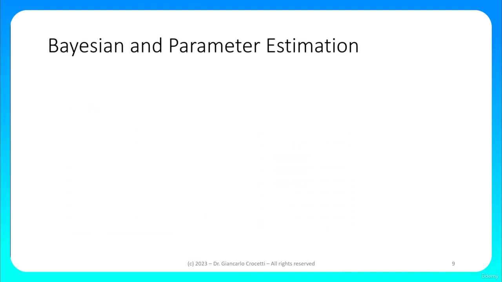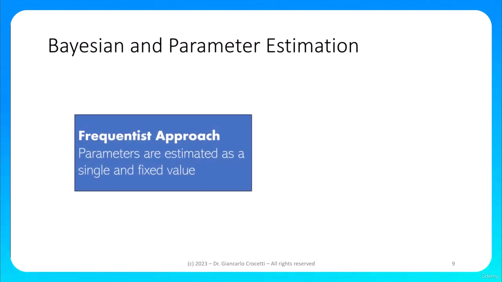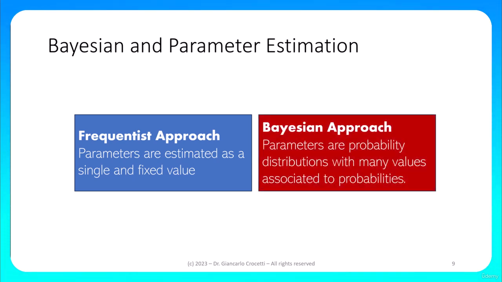The difference between the two approaches extends to the way parameters are estimated. In a frequentist approach, an unknown parameter is estimated, and once estimated it becomes a single fixed value. In a Bayesian approach, parameters are random variables, that is, they are described by probability distributions. There is not a single fixed value, rather many different values that can be realized with different probabilities.